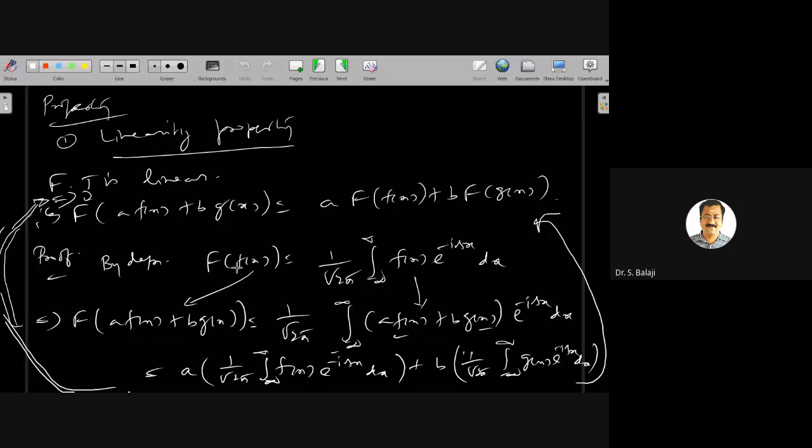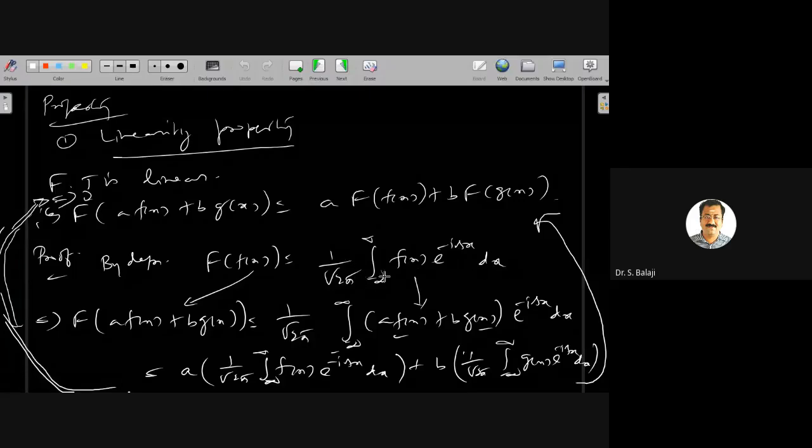By definition, the Fourier transform of f of x is equal to 1 by root of 2 pi, integral from minus infinity to infinity, f of x e power minus isx dx. This definition you have to remember always.